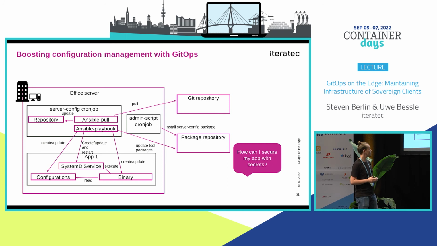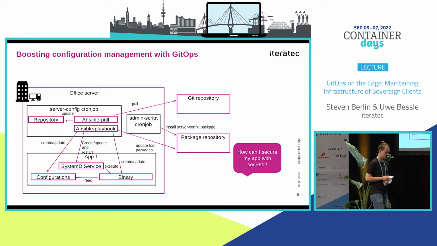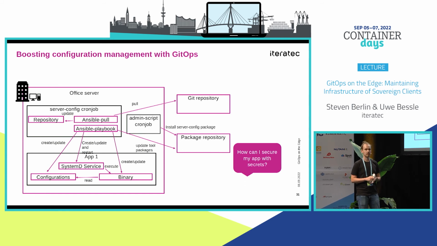So Ansible playbook will be called here, and what we have in the end is we can roll out binaries and configurations. Because we're not talking about containers here, as you can see, because we needed to make little steps together with the ops team of the external service provider. And those little steps included that we started with systemd instead of containers.